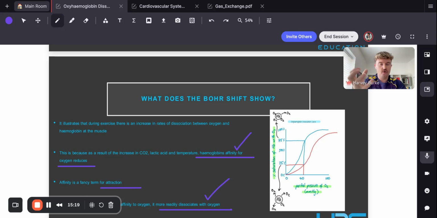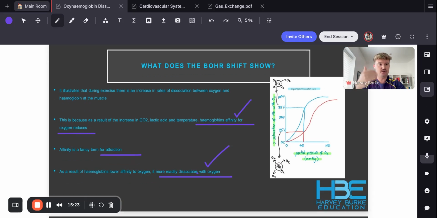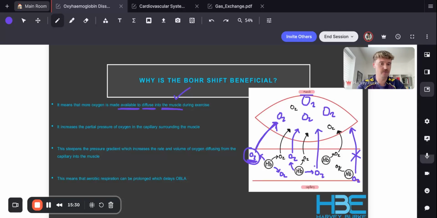It has a stronger attraction for oxygen again, and that means that it would be dissociating with less oxygen in recovery. And if you think about it, that makes sense, because in recovery, the muscles don't need as much oxygen anymore. So you can almost think of hemoglobin noticing that the muscles' demand for oxygen has gone down, and therefore it's just not going to give off as much of it as it was during exercise.